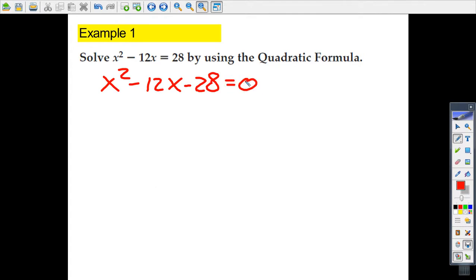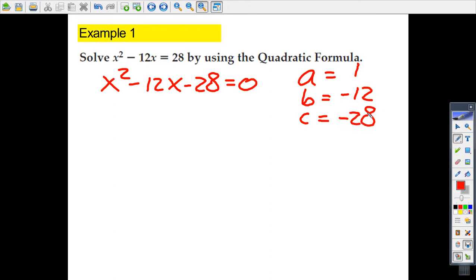If you have to use the quadratic formula, it's a good idea to write a little note to yourself on the right, just to say what the values for a, b, and c are. So what is the value for a? 1. The value for b, negative 12, because sometimes that negative gets lost. And then my value for c is negative 28.